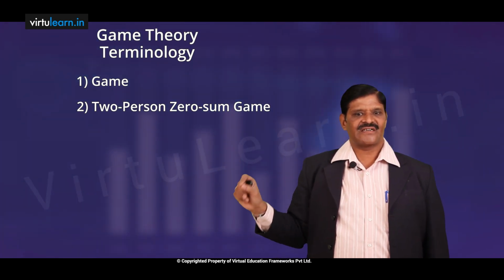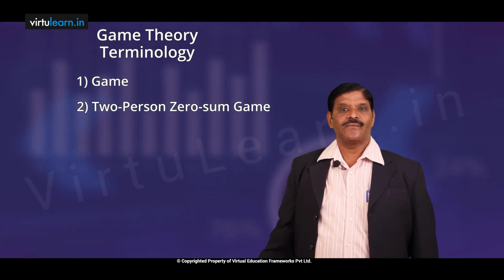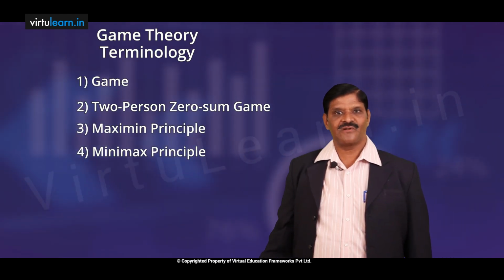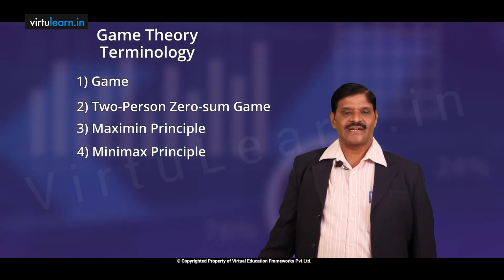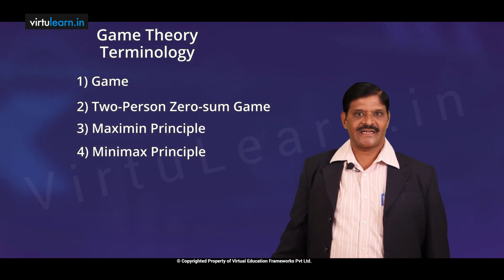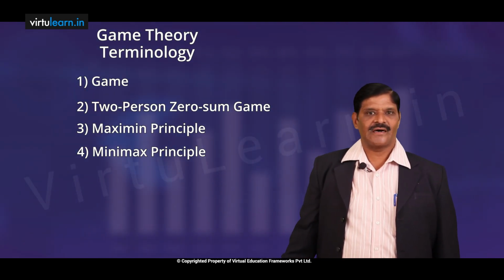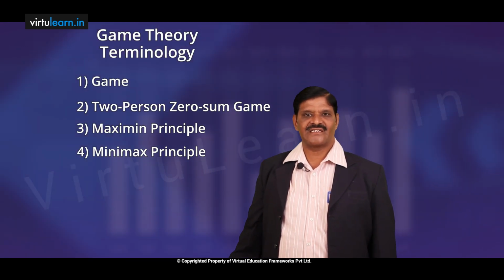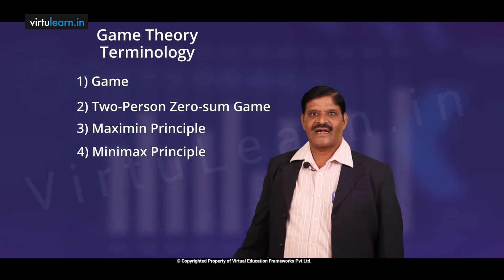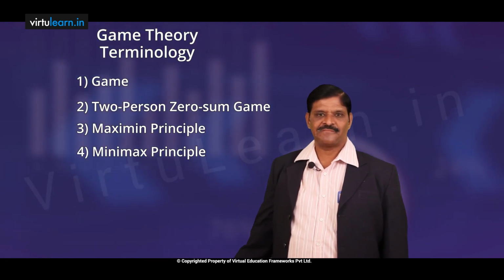When we try to solve these problems, we apply some principles known as the Maximin Principle and the Minimax Principle. So what is the Maximin Principle? While solving a game theory problem, when a matrix is given, we try to find the minimum or lowest element in each row and write it down on the side of the matrix, which we call the row minimum.